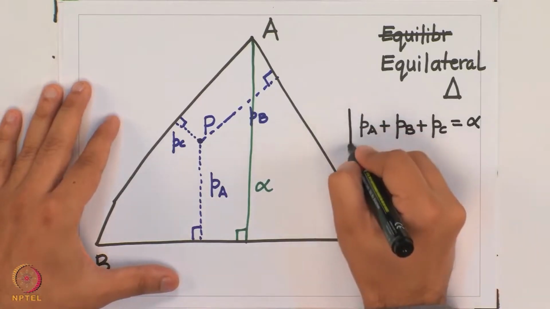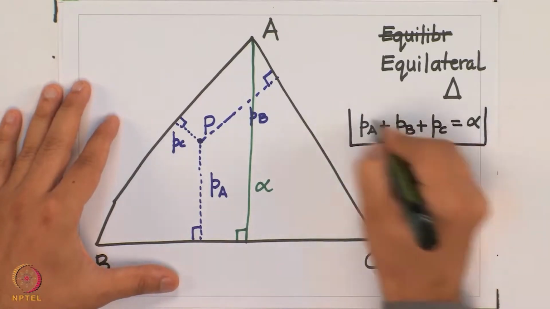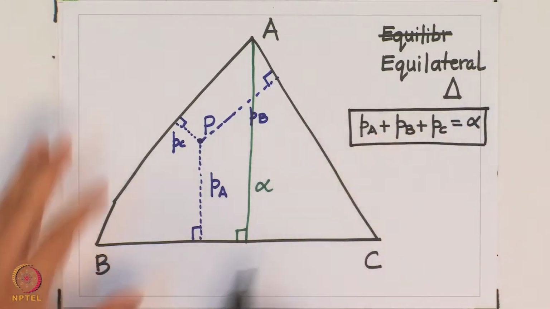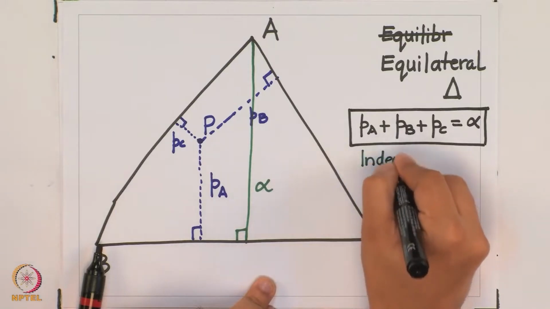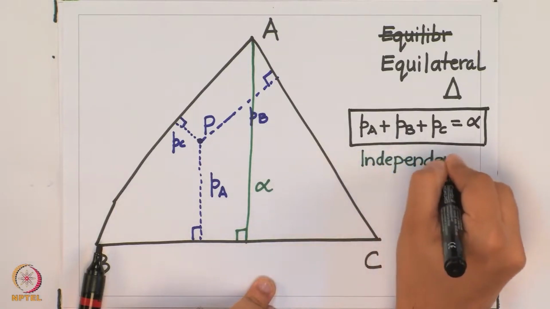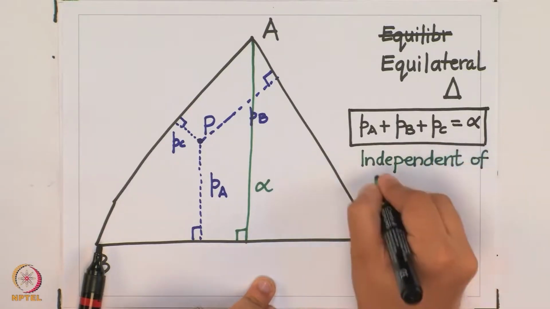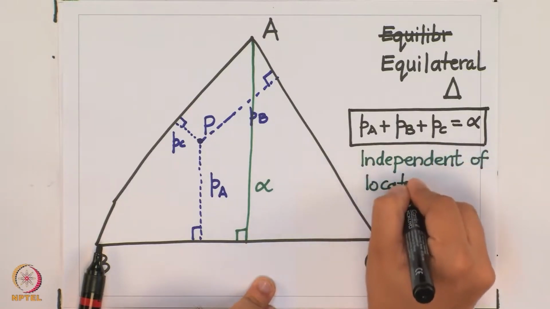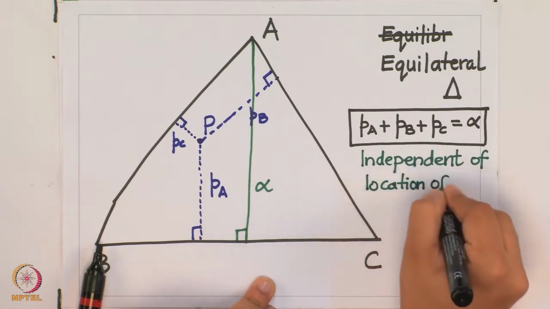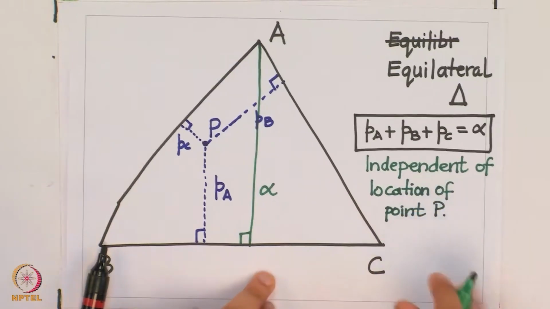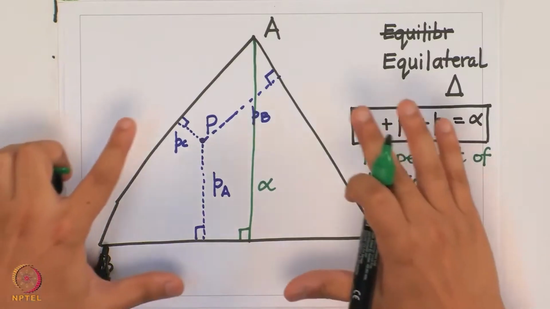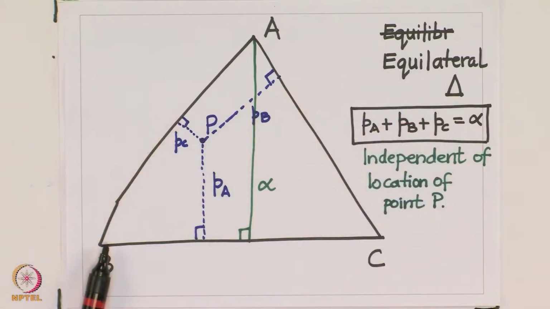This result holds independent of location of point P. The only constraint being that point P has to be inside or on the edges of the triangle, it cannot be outside the triangle. Once we have this, how does this help us?